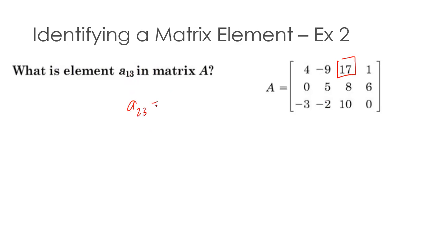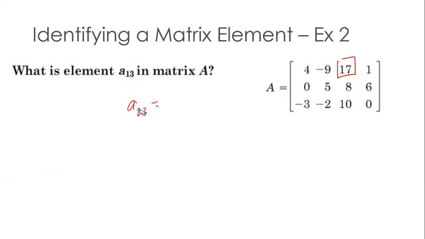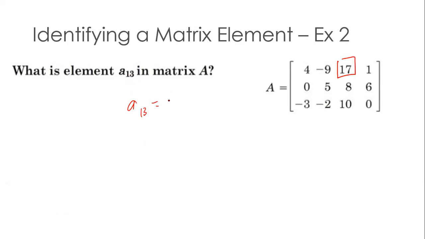So A13 equals 17. Okay, it's literally that simple. If I ask for A34, you should tell me 0. Row 3, column 4, 0. So remember, A subscript row column.